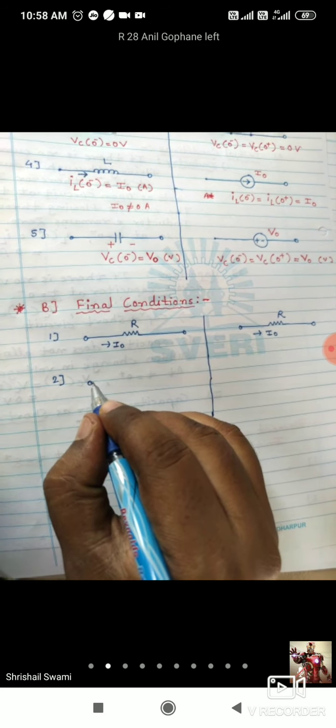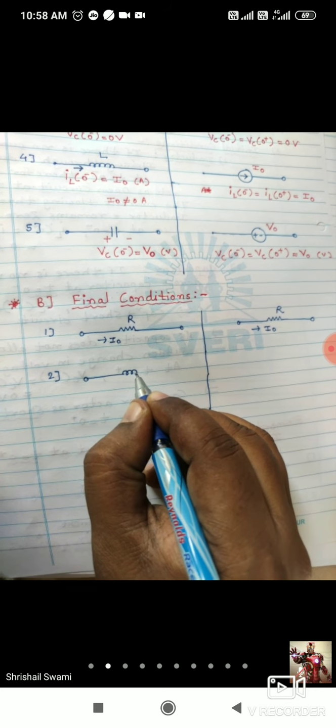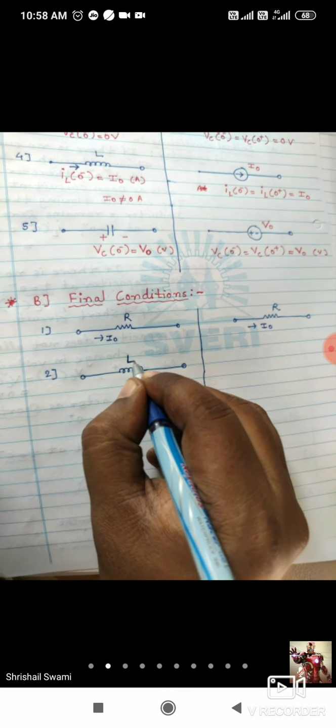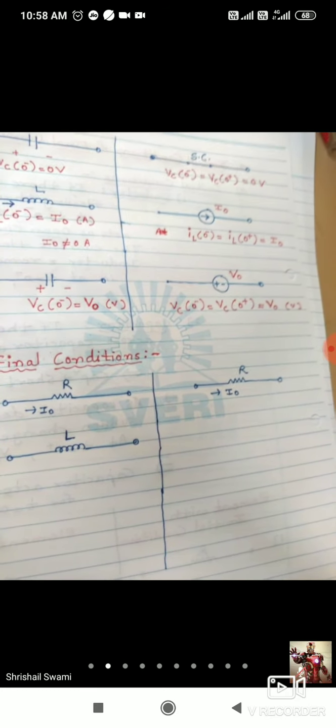Okay, now second one, if we are talking about the inductor L, and for final conditions, what are we talking about? Element with final conditions.